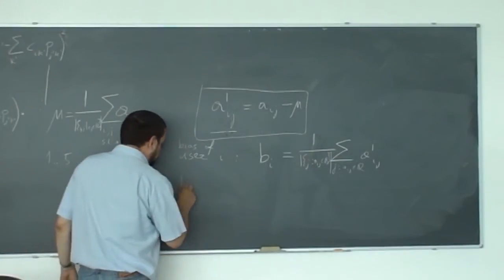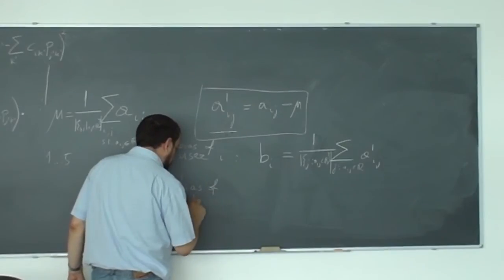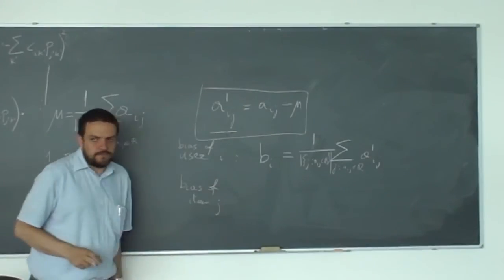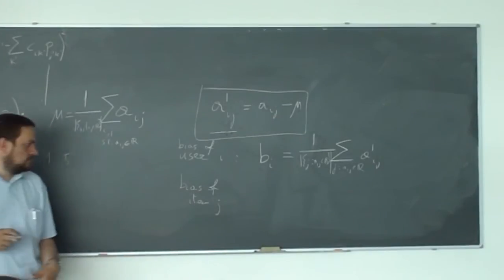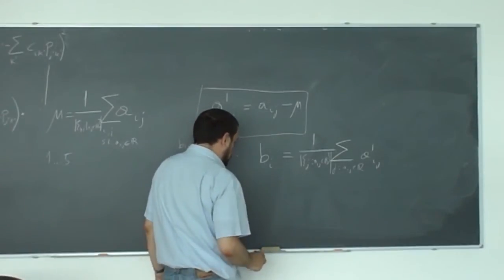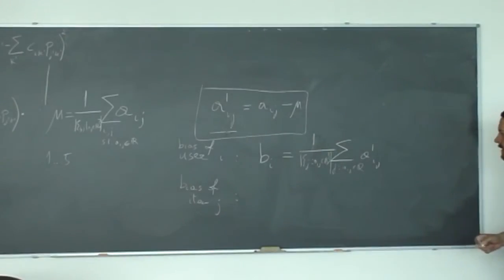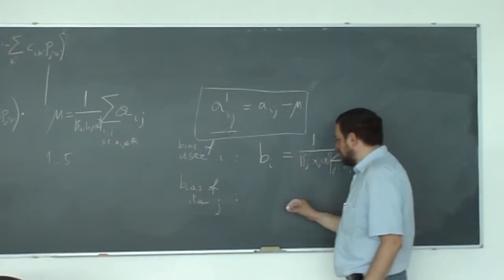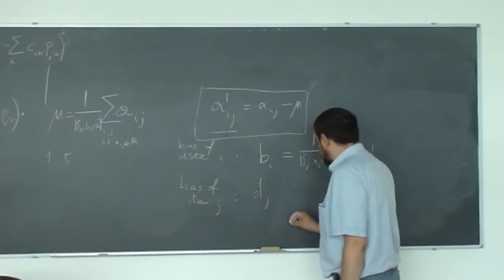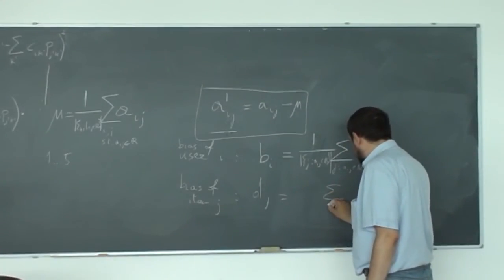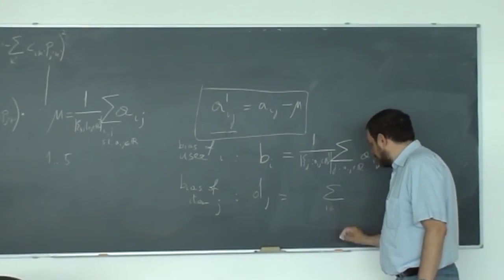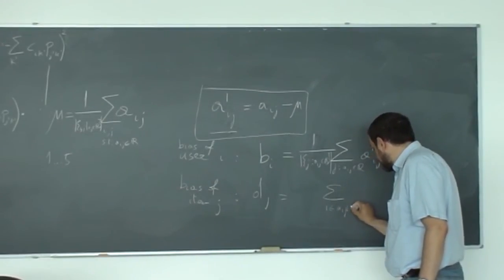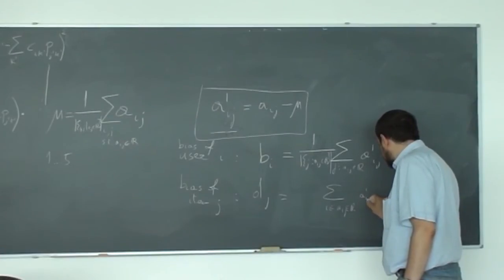We could compute exactly the same bias for item j. Okay, I used b as the bias for the user. c is already taken. Let's say d. Okay, d_j is the bias of item j. It's exactly the same thing. This time we add over i, so that a_ij is real, of A prime ij.